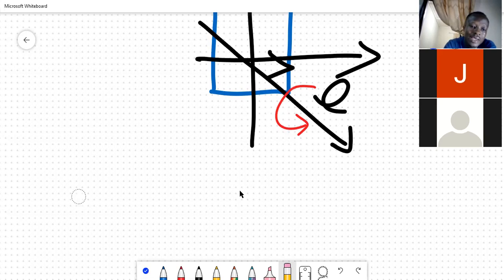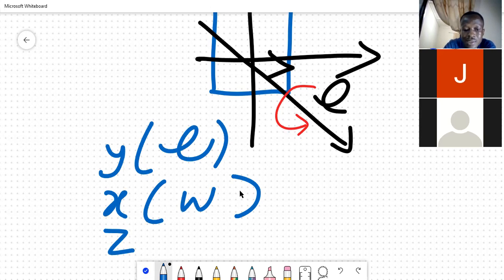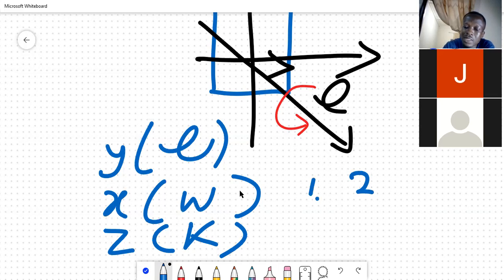So rotation about x is called omega, rotation about y is called phi, and rotation about the z-axis is kappa. The subscripts 1 and 2 represent the left photo and the right photo, or the left projector and the right projector. Are you okay?